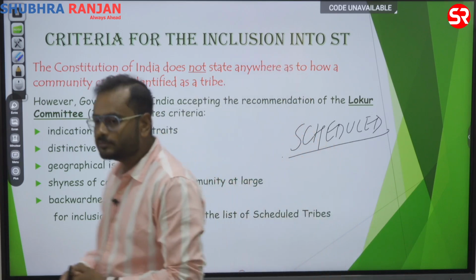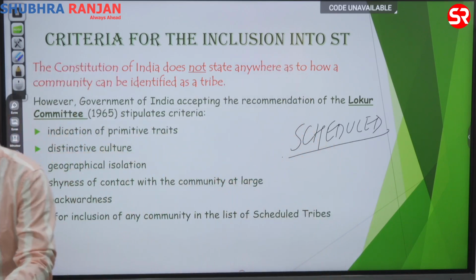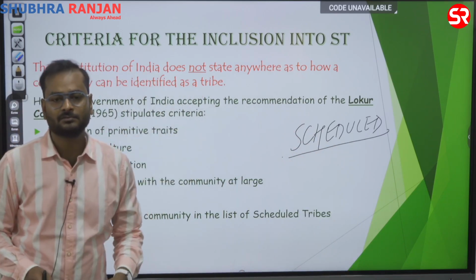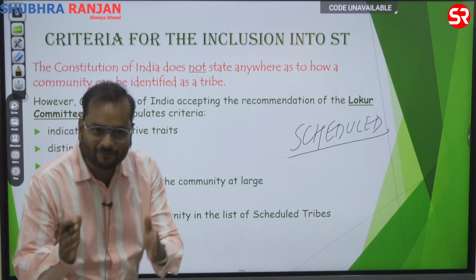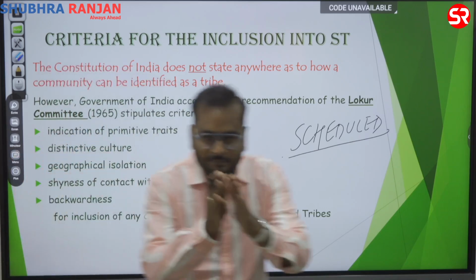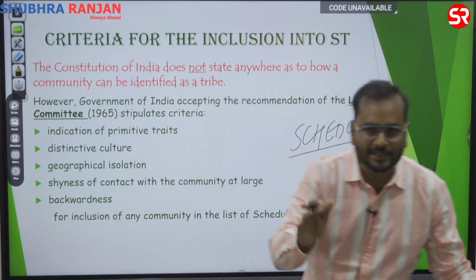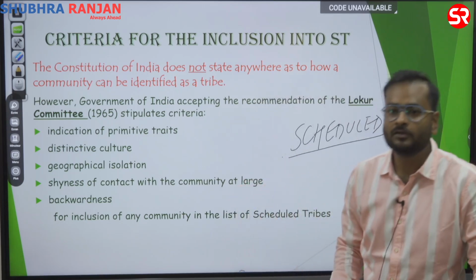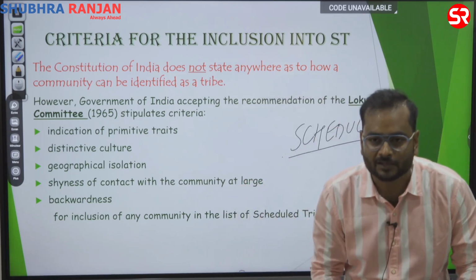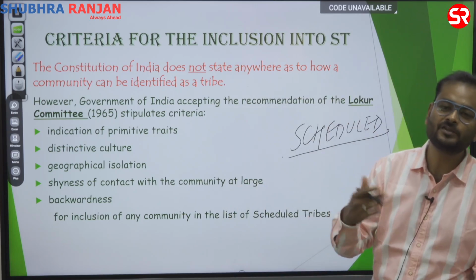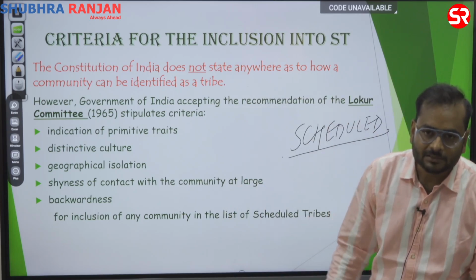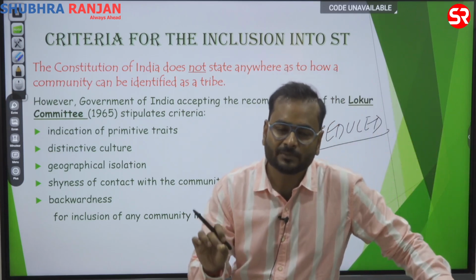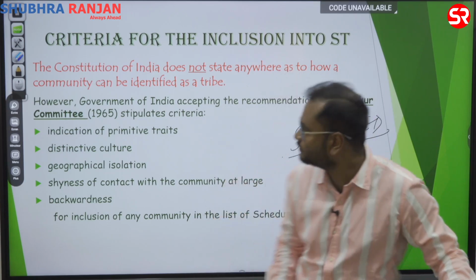That means the vulnerable section of society, the tribes, again have to be enlisted or categorized by the severity of vulnerability, isn't it? Which tribe's vulnerability is much more severe? That is why there is a mechanism of enlisting or scheduling.